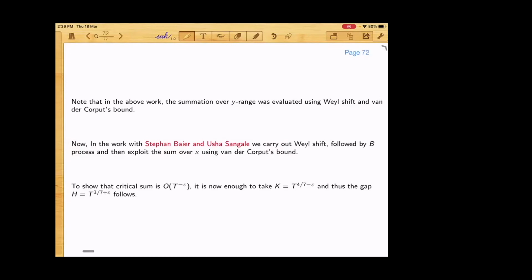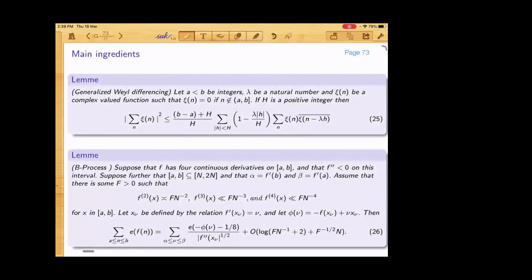In order to show that the crucial sum is O of t to the power minus epsilon, it was enough for us now to take k to be t to the power 4/7 minus epsilon, and therefore we could obtain the gap to be t to the power 3/7 plus epsilon. So this is the recent result.